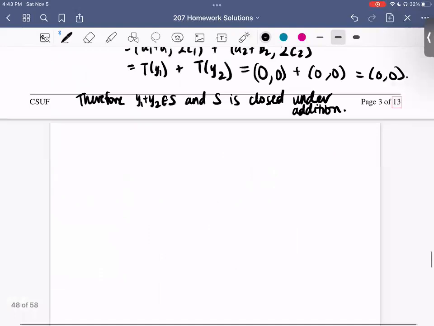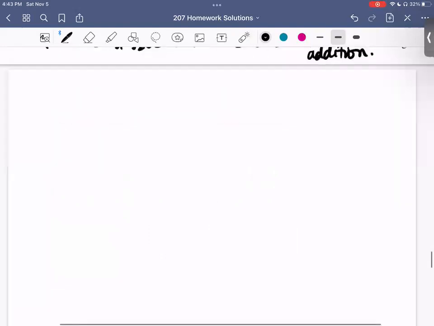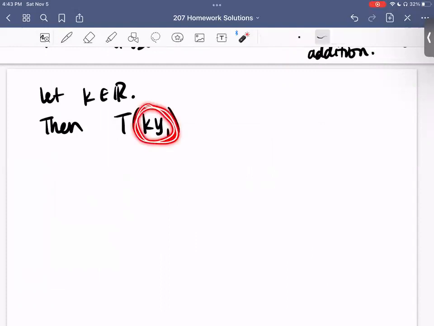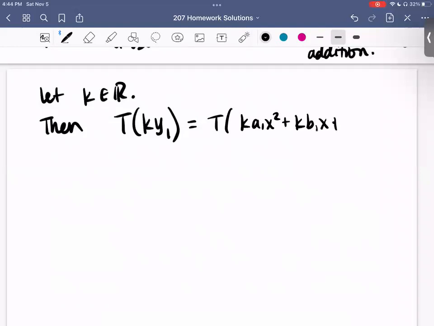Let me get some more paper here. Now I need to show that the set is closed under scalar multiplication. So let k be a real number. Then I want to consider T of k y1, and I want to show that I get (0, 0), because that is what it takes for k times y1 to be in the set S. So this is T of ka1 x squared plus kb1 x plus kc1, which is equal to, applying the transformation, (ka1 plus kb1, 2kc1).